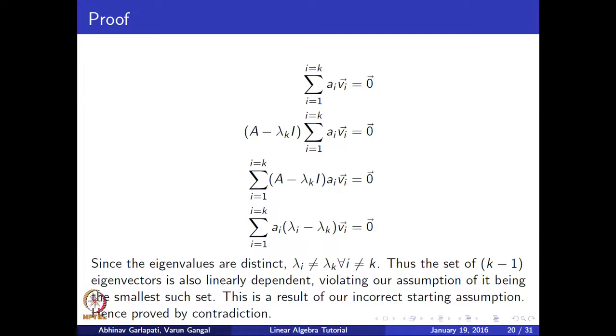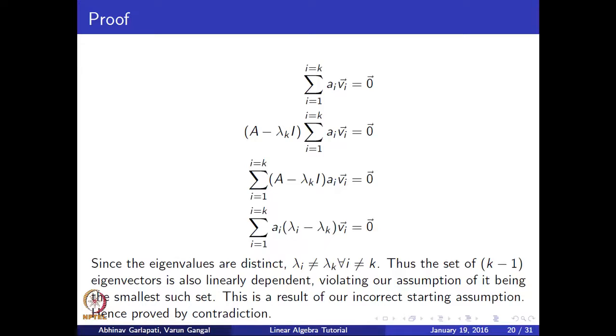Now for the remaining eigenvalues, since we know they are distinct, the term lambda_i minus lambda_k cannot be equal to 0. Note that (A minus lambda_k I) Vi simplifies to (lambda_i minus lambda_k) Vi, since A Vi equals lambda_i Vi.